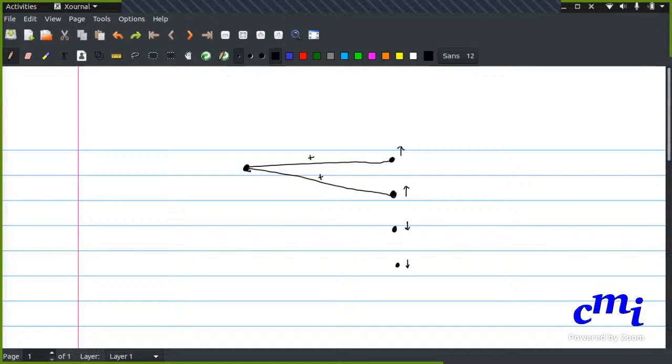So let's suppose that we have one node like this, right? So let me just draw all 4 edges. Now let's say that these 2 edges have positive weights and these 2 edges have negative weights. Now what would happen if you were to increase the value of this node?